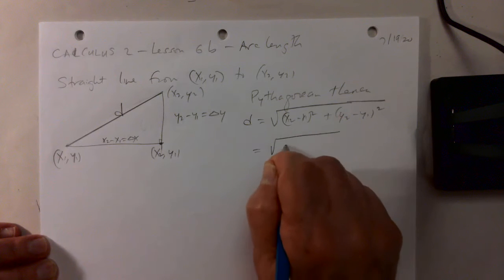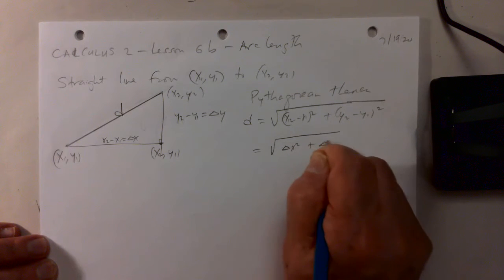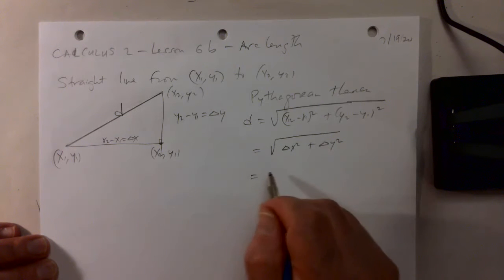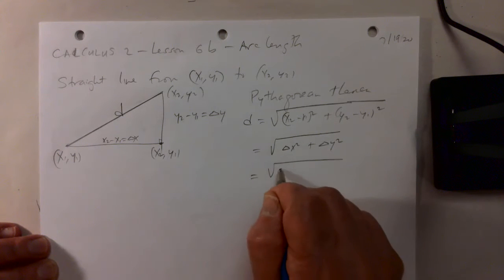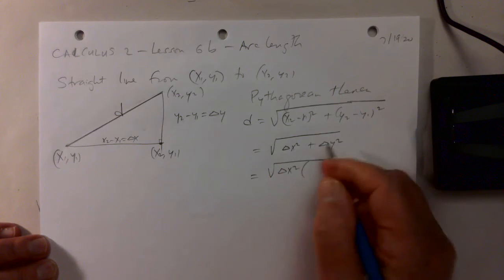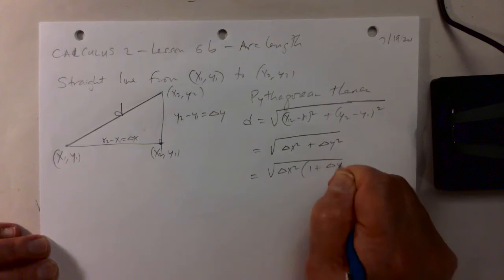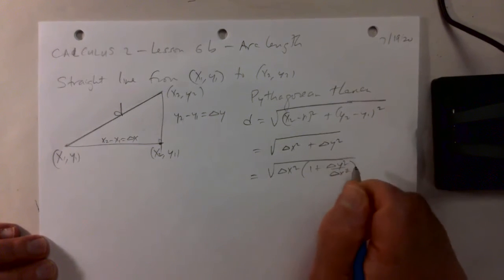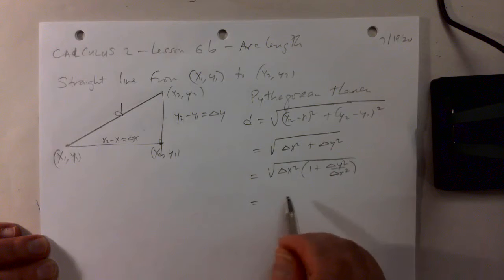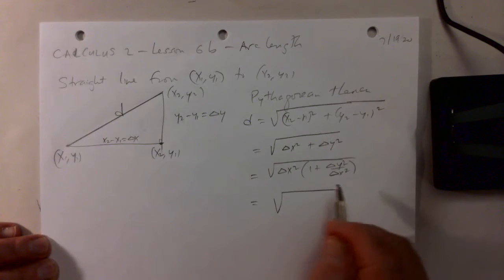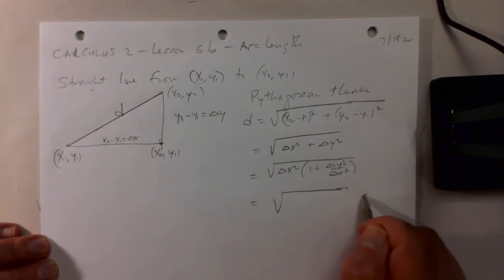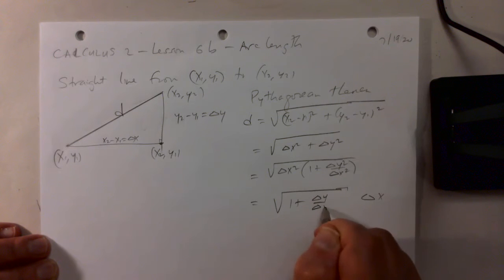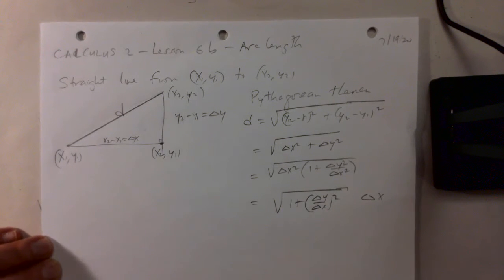So that's the square root of delta x squared plus delta y squared, which if I want, I can write as the square root of delta x squared times 1 plus delta y squared over delta x squared. And that's equal to the square root, I take the delta x out, of 1 plus delta y over delta x, squared.